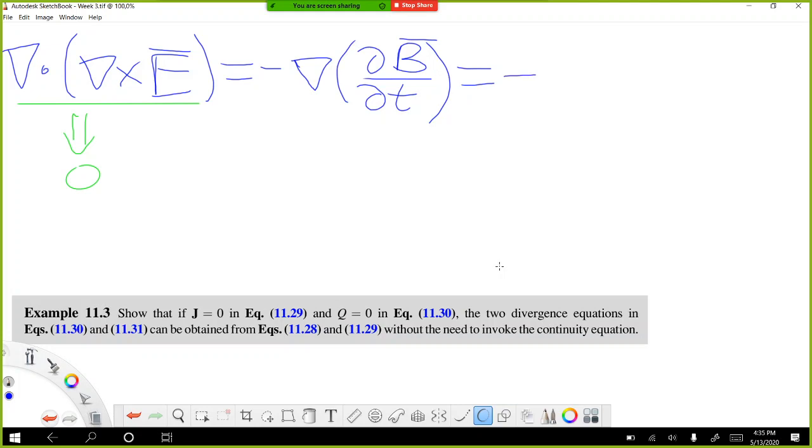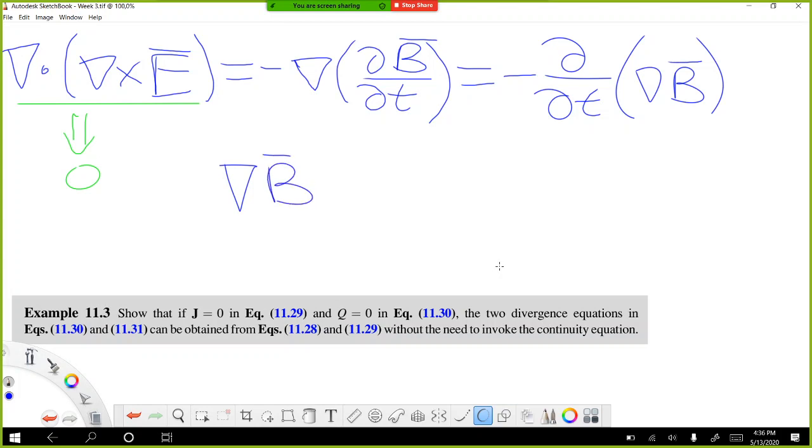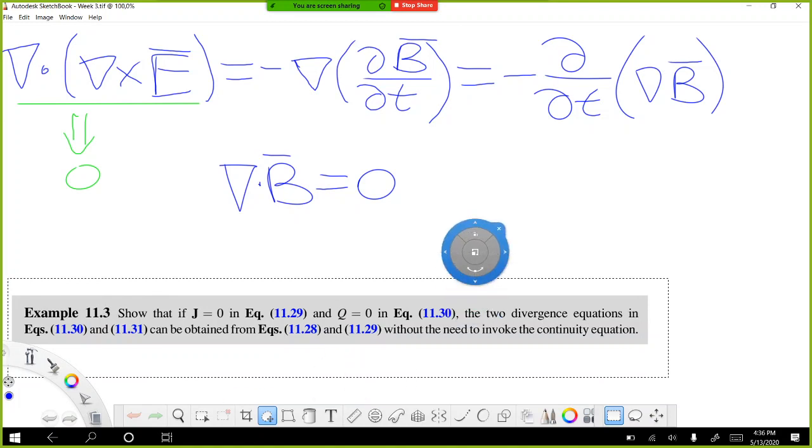We have minus d/dt of the divergence of B, and from here it follows that the divergence of B is 0.